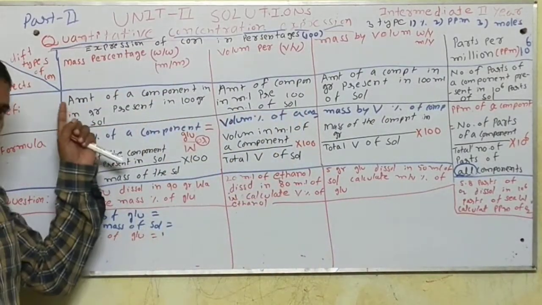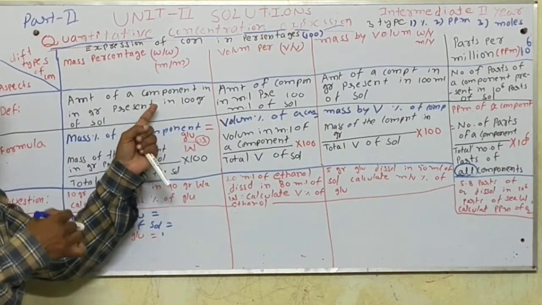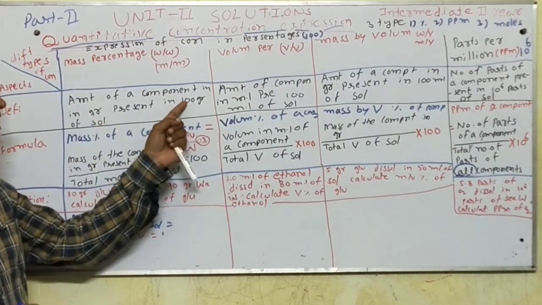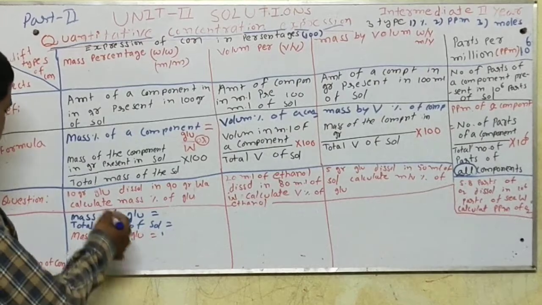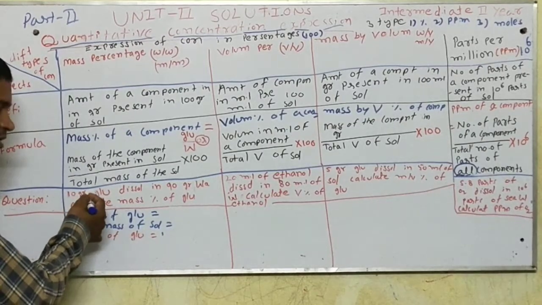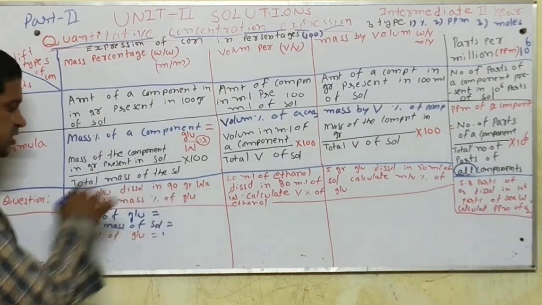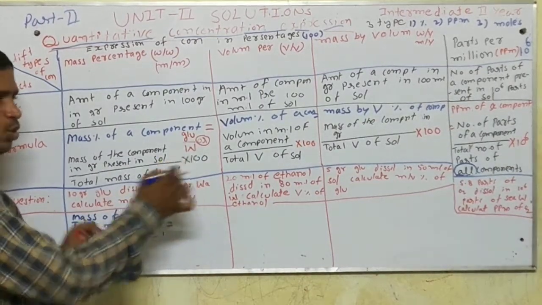It is the amount of a component in grams present in 100 grams of solution. See here, a question is given: 10 grams of glucose is dissolved in 90 grams of water. Calculate the mass percent of glucose.